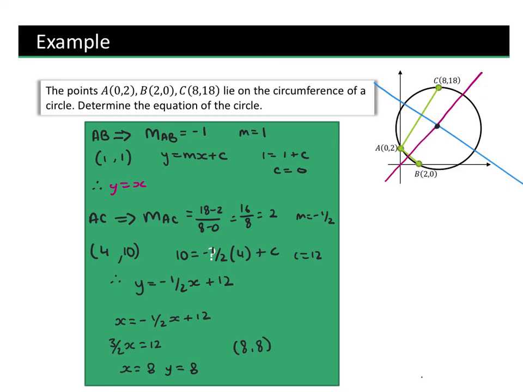We then, as we know, we've got x minus 8 squared plus y minus 8 squared equals our radius squared. So we've got to find our radius. Well, we can use any of the midpoints that we've found to help us find our radius. If I choose this midpoint here, which we know is (1, 1), this is (8, 8). 8 to 1 is 7.